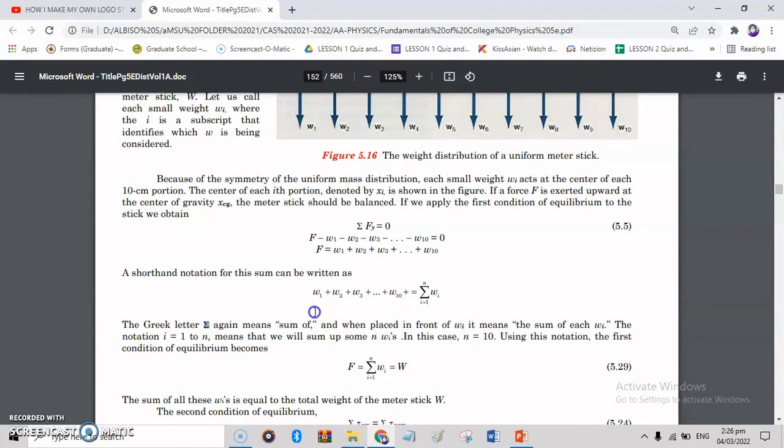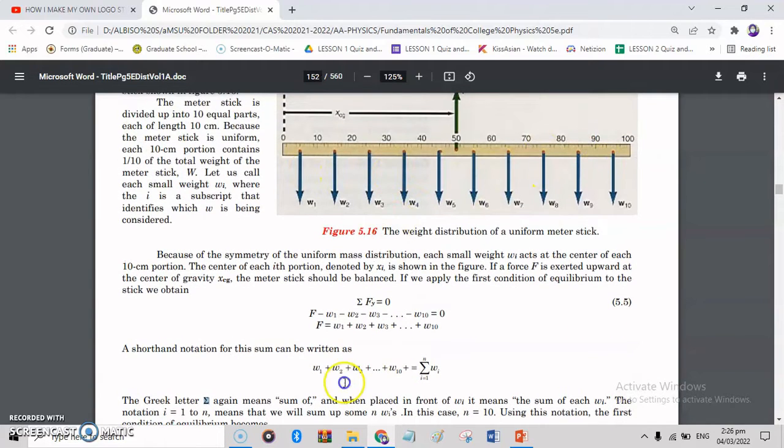From this shorthand notation, W1, W2, W3 are added up, and you will get the summation of all the weights when i is equal to 1 to N. We don't know what N is.